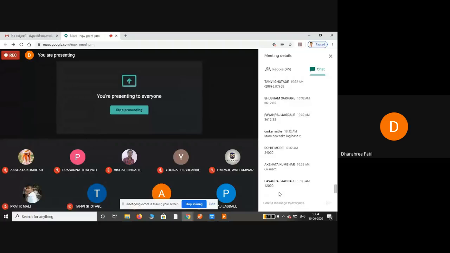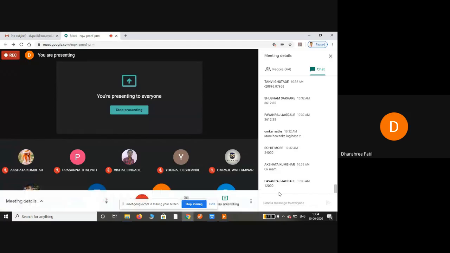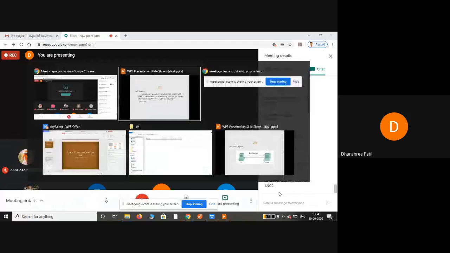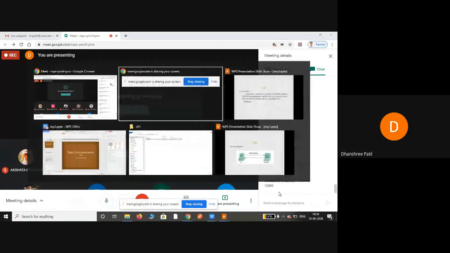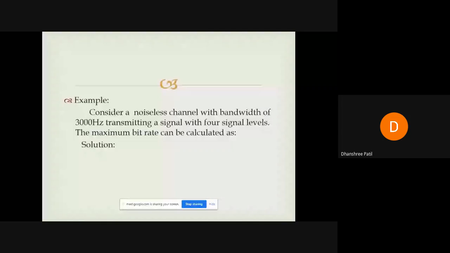Others, how to calculate log to the base 2? You have to learn. Today it is your exercise. If you have understood whatever Pawan has said, you can calculate now itself. Or you can first learn how to calculate it, and tomorrow or in the next lecture, I'll come with some examples and you have to solve them properly.